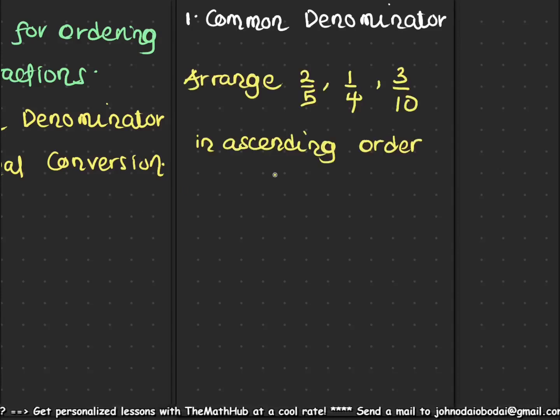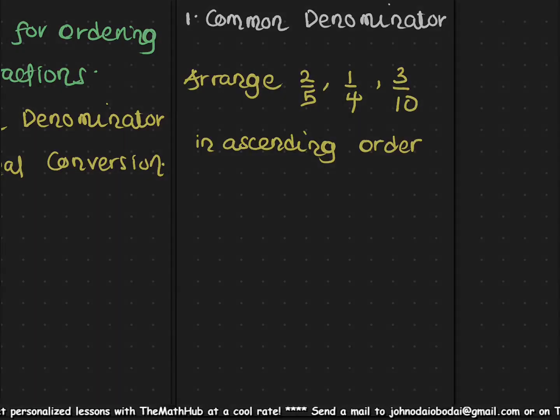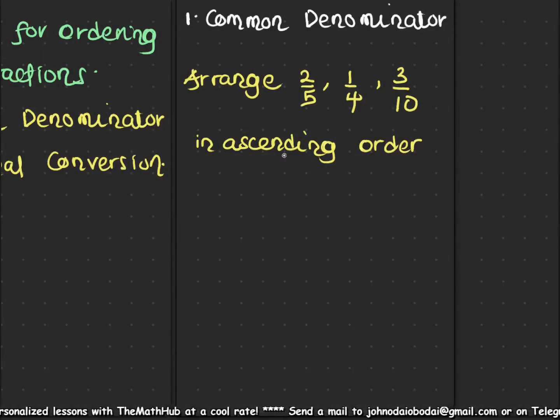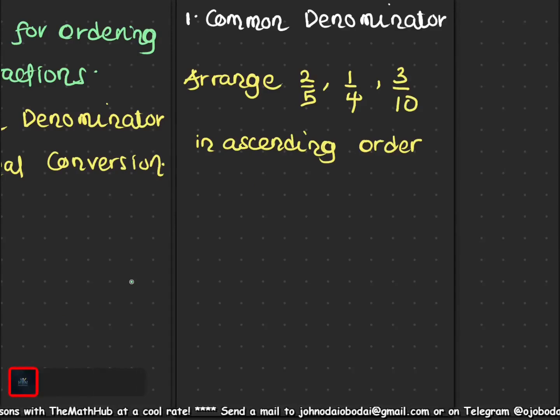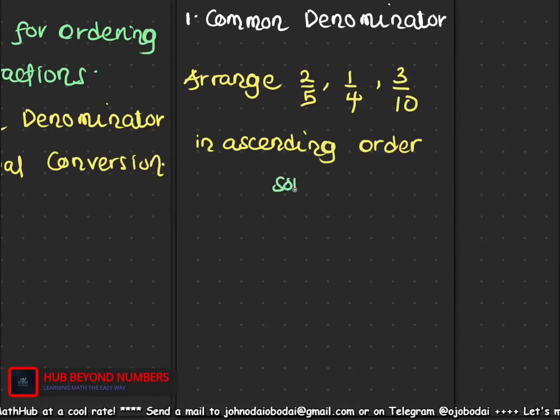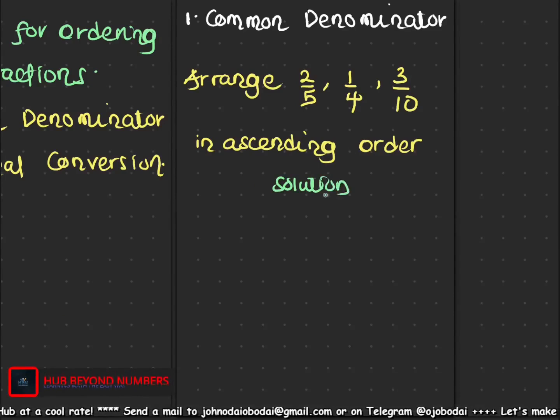Arrange 2 over 5, 1 over 4, and 3 over 10 in ascending order. Earlier on, we said ascending order simply means from the smallest to the biggest. Let's see how we are going to go about that.